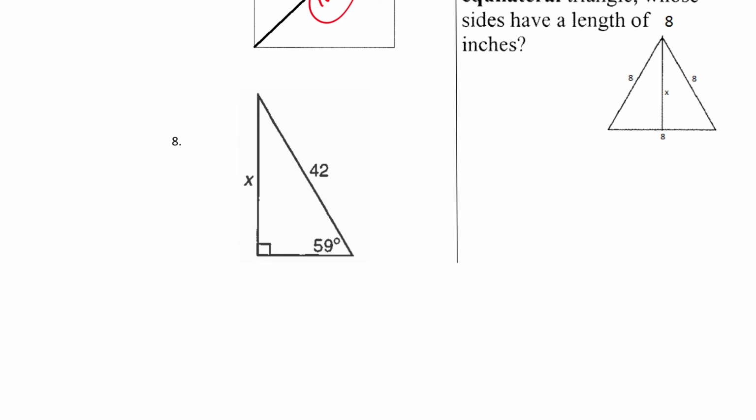Okay, number 8. All right, so from this 59-degree angle, we have H, A, O. On this one, the A is the side I don't care about, so O and H. So that tells me S, to use the sine function here. So sine of 59 equals the opposite x over the hypotenuse 42.